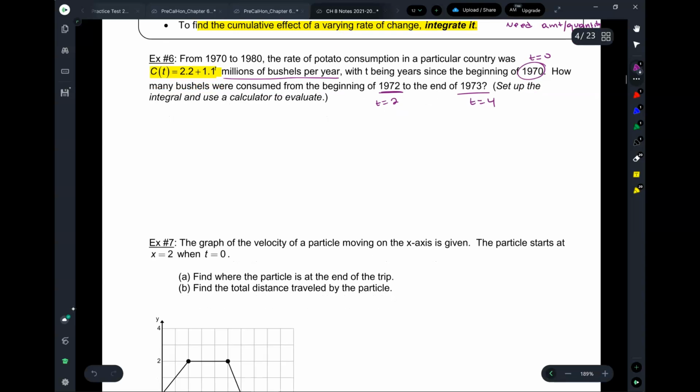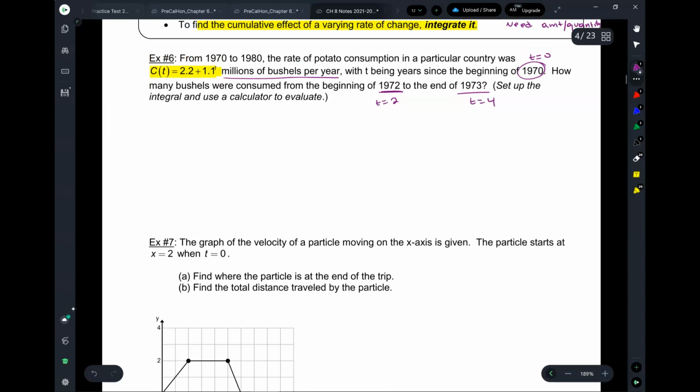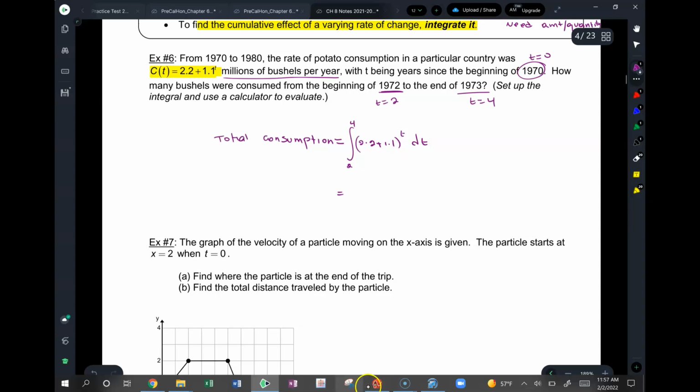So what do we need to find here? We need to find the total consumption. Remember, we have a rate and we need to find the amount. That's an integral from 2 to 4 of 2.2 plus 1.1 to the power of t dt, and we're going to put that into our calculators.